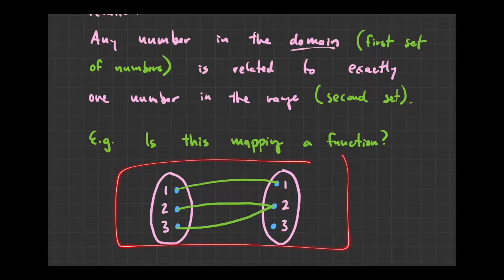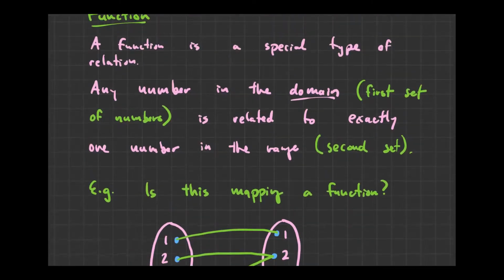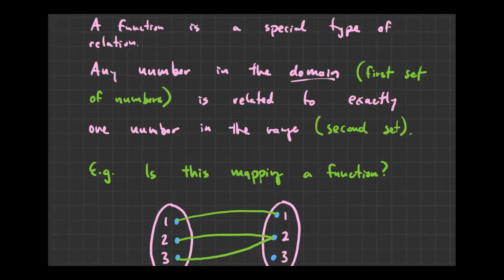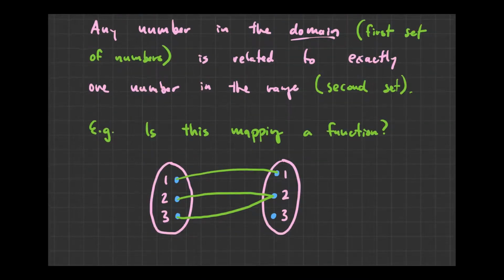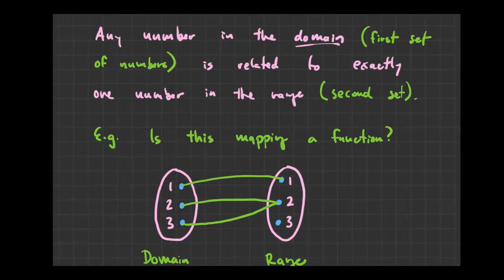So let's go over what the definition of a function is. Certainly, this is a relation, right? We have 2 sets of numbers. Some of them are related to some other ones. But a function is a special type of relation. Any number in the domain is related to exactly one number in the range.